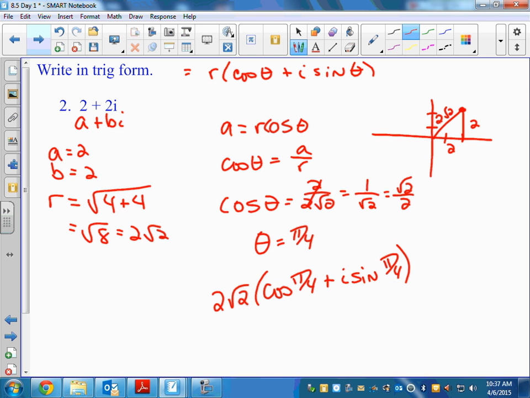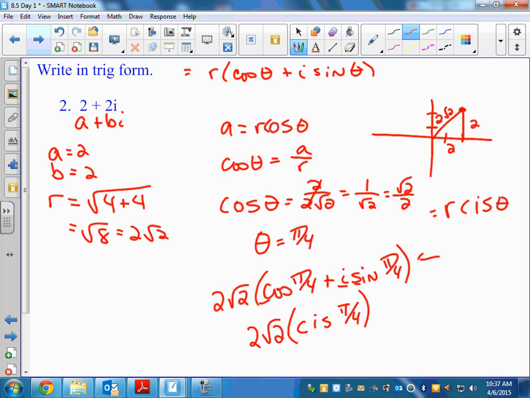The directions on your test for Ivy Tech say write in r cis theta form. Which means if you've done this, all you gotta do now is 2 square root of 2, and you just change all of this to cis of pi fourths. That seems ridiculous to me, but whatever. I'm kind of annoyed that they're teaching you this.